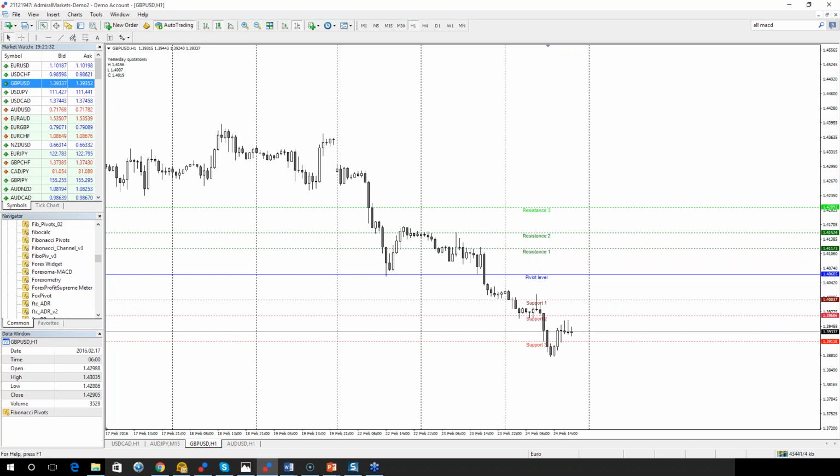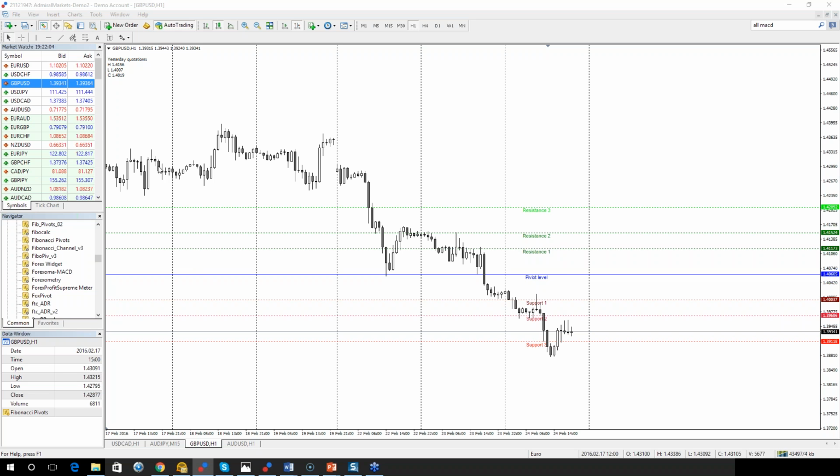If it opens below pivot point, we usually assume that the price will be bearish for the whole day, and vice versa if the price opens above pivot point. New trades are usually placed very close to pivot points, or can also be placed if support or resistance levels are broken. Okay, so that is where we usually place our pivot point indicator.